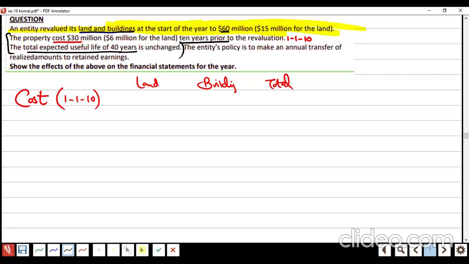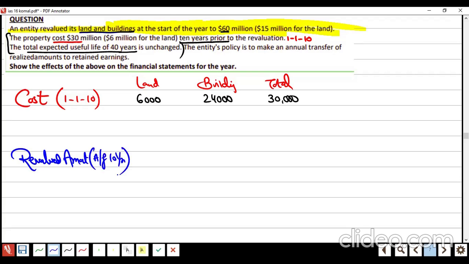Correct me if I am wrong. Rounding it to three zeros, what is the building value? I guess 24,000. You are with me? Now be careful. The revalued amount is given to you, but that is after 10 years, right?